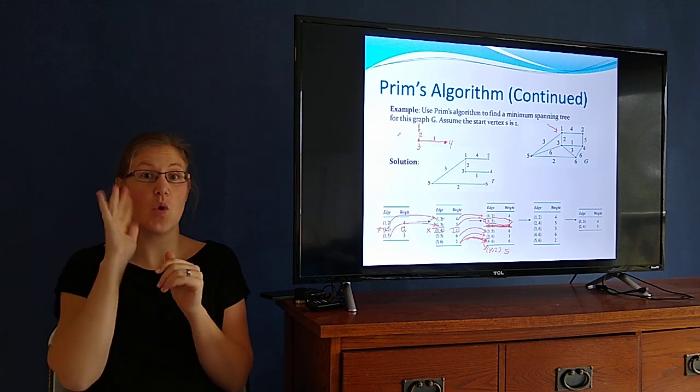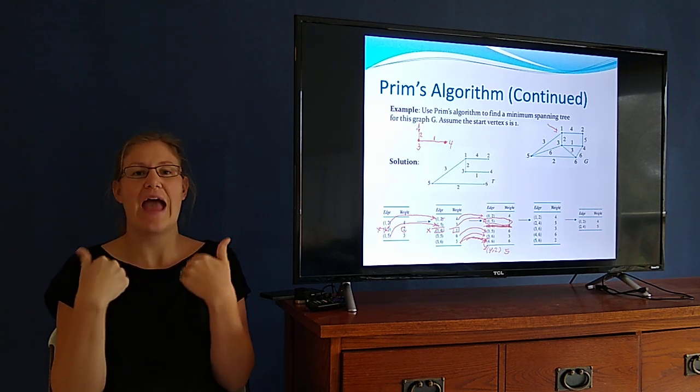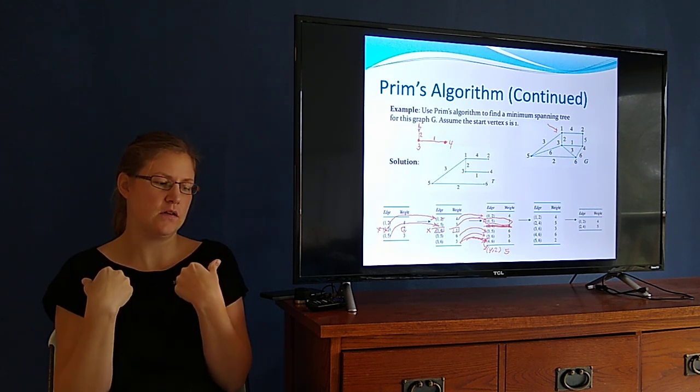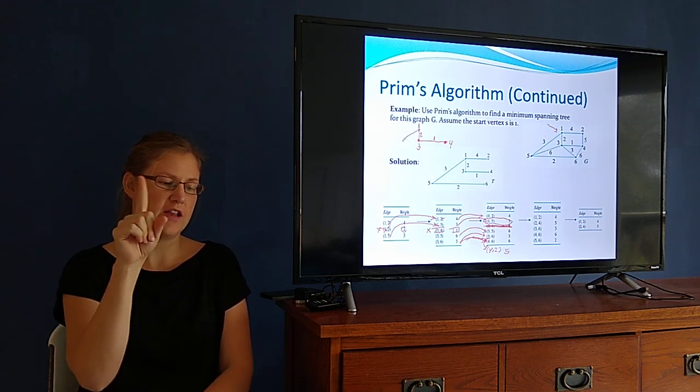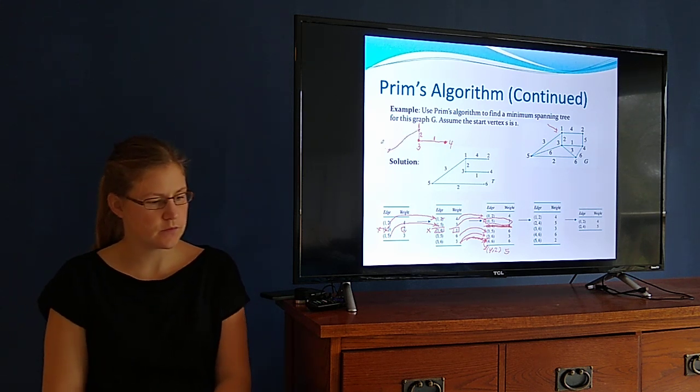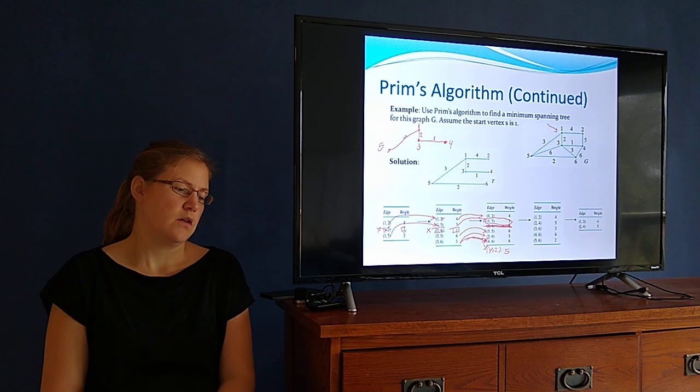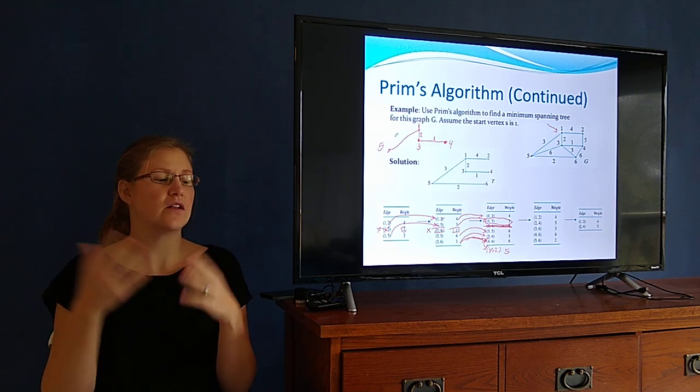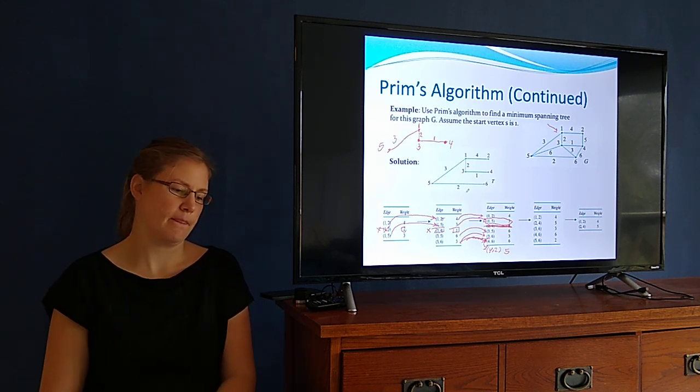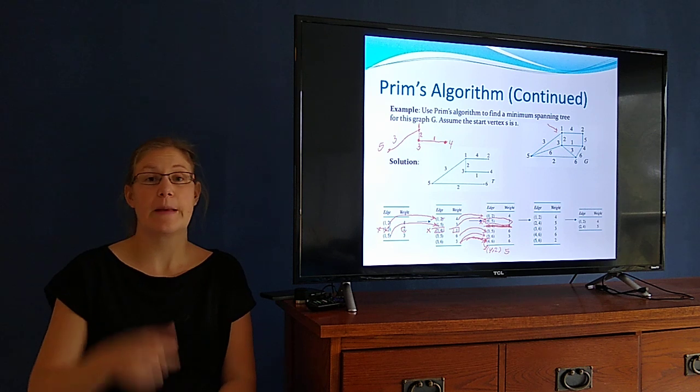Okay, so this one is added. So we have here from 1 to 5, and the weight is 3. So we must remove this edge.